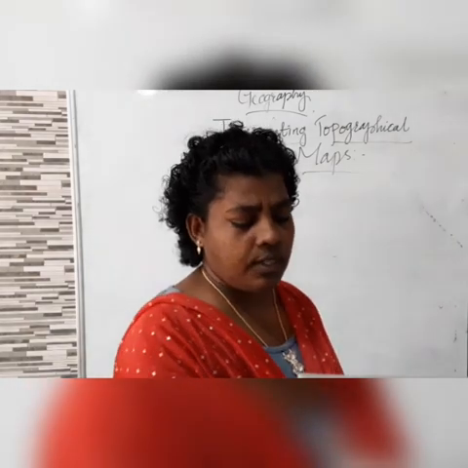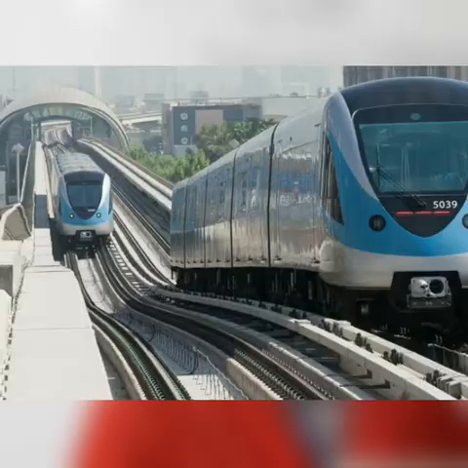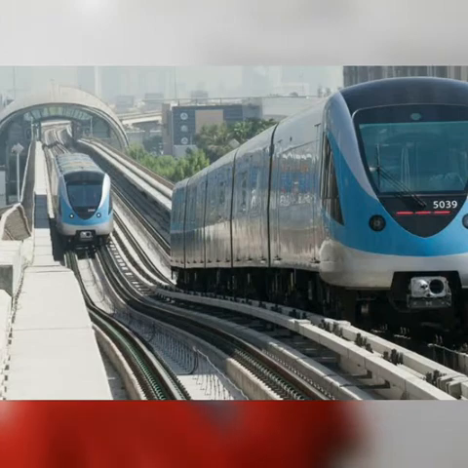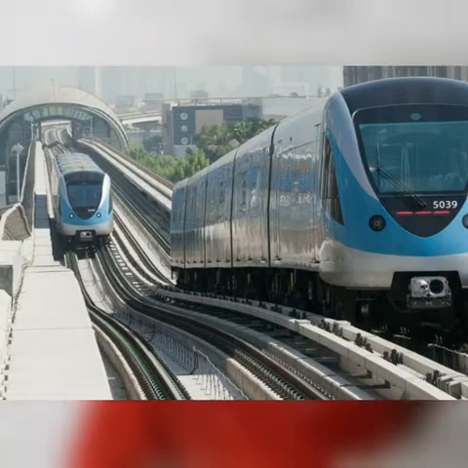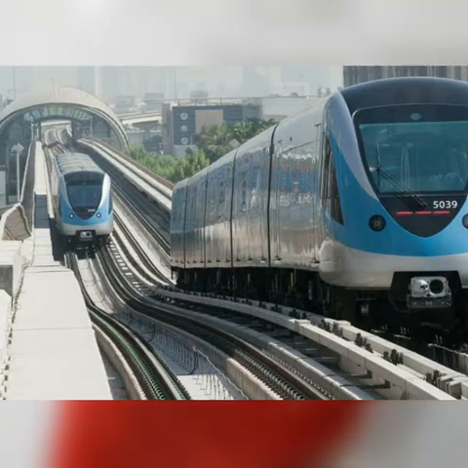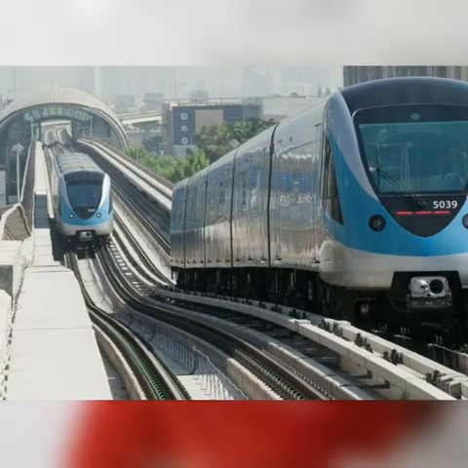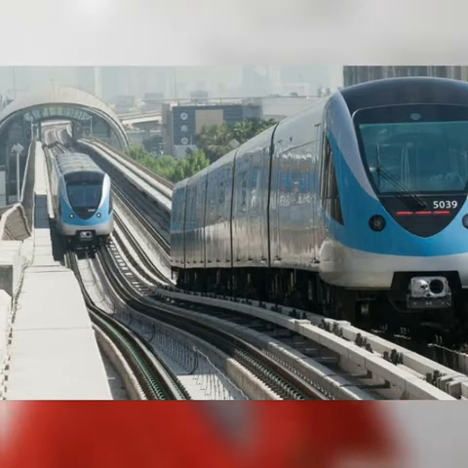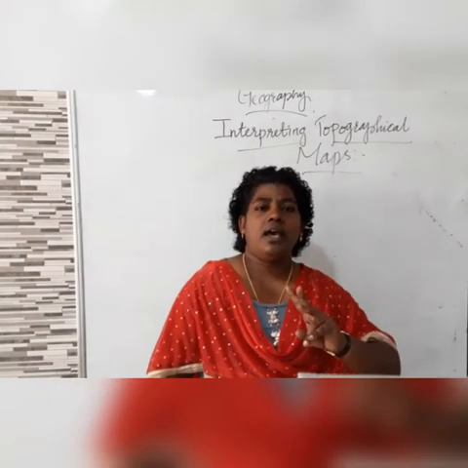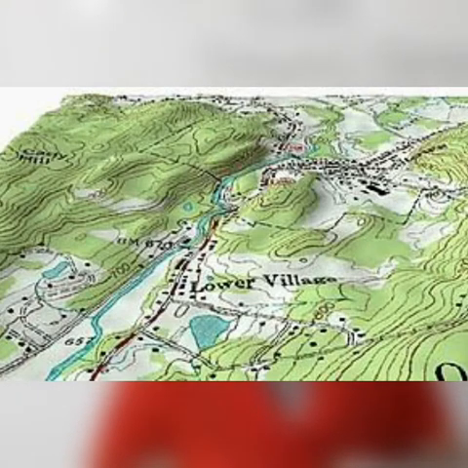Now, transport and communication. We are going to learn now about transport and communication. On the topo map, it will be mentioned with a black color for transport and communication. There will be two types of roads. One is metalled roads or pakka roads and unmetalled roads or kacha roads.